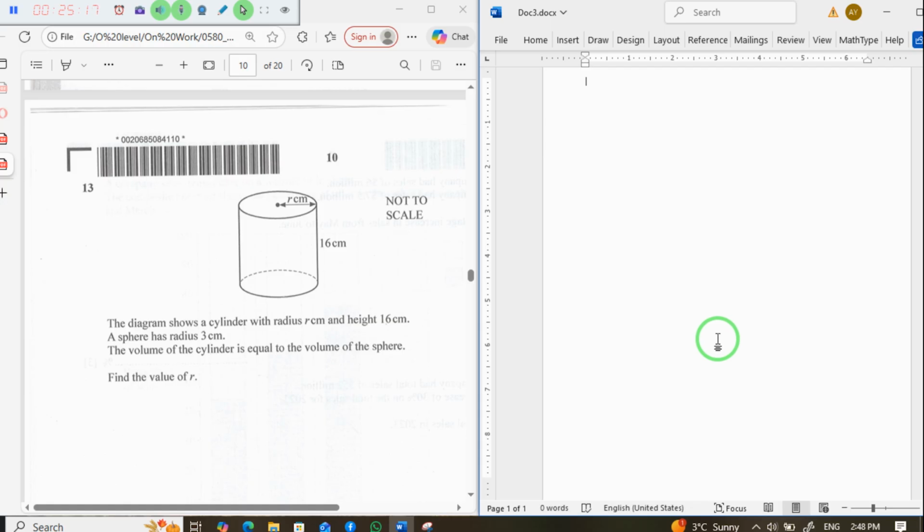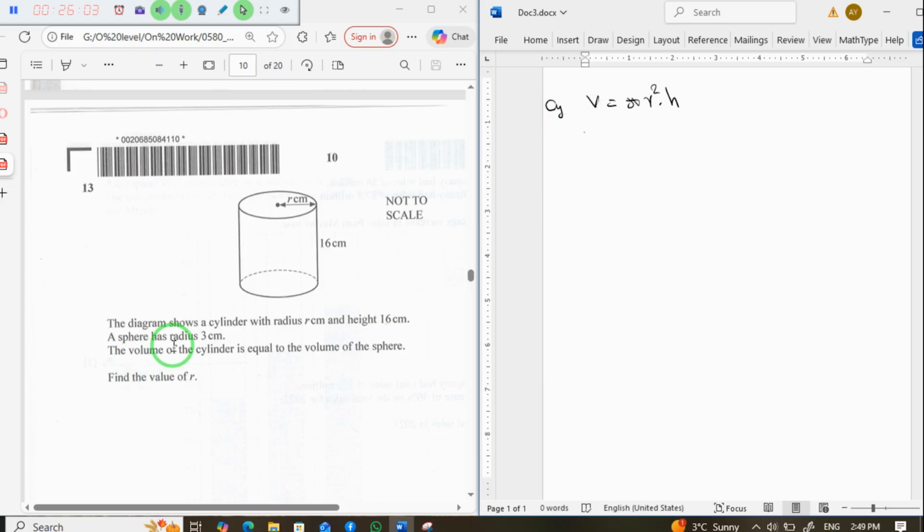Here the diagram shows a cylinder with a radius of r and height of 16. The radius of the base of this cylinder is not clear, but we have the formula for a cylinder: V is equal to pi r square multiplied by h.